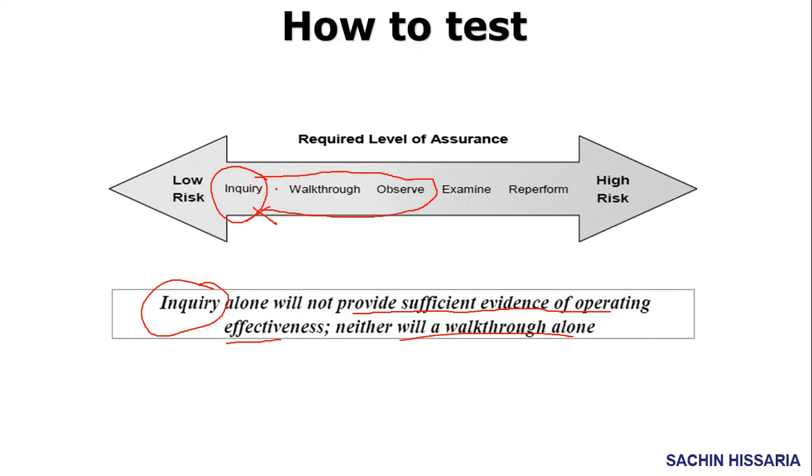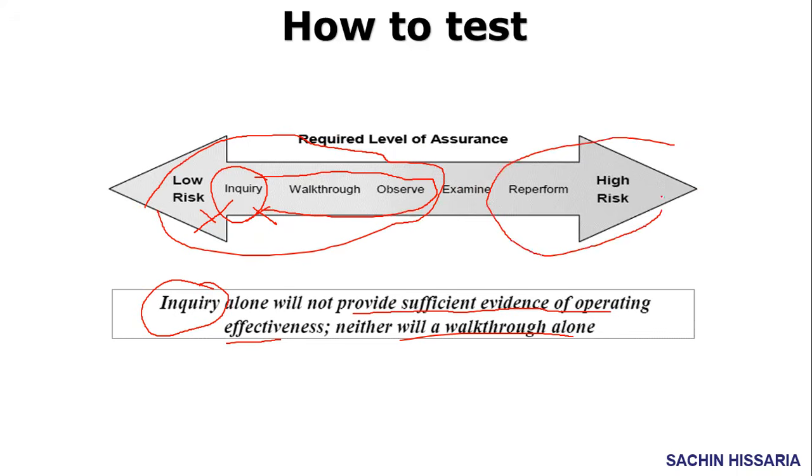You will do inquiry, you will do a walkthrough, you will observe. If it is a low risk control, then you will do inquiry, walkthrough and observation. If it is high risk, then it is always advisable to use re-performance. So this is how the auditor conducts the testing.